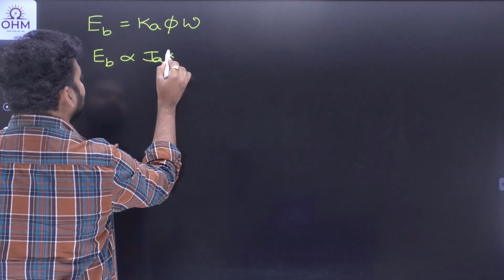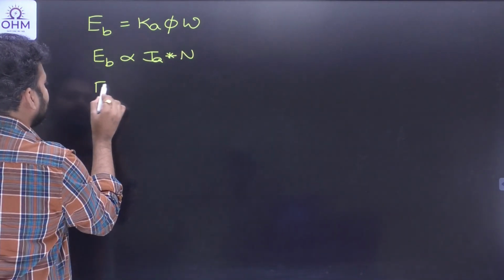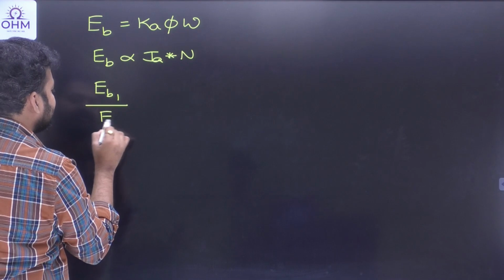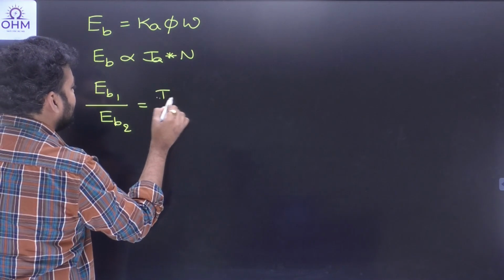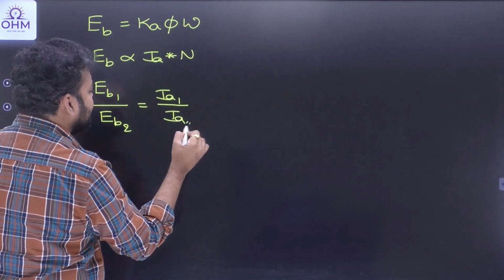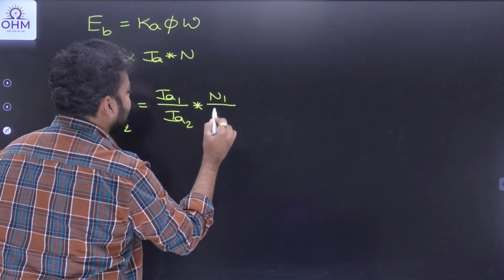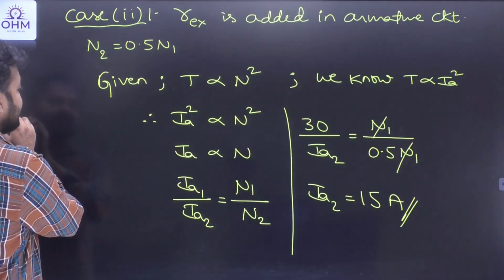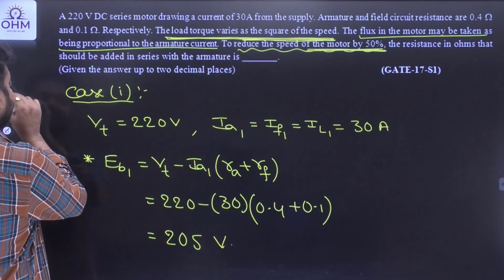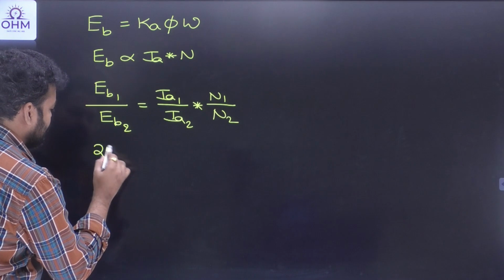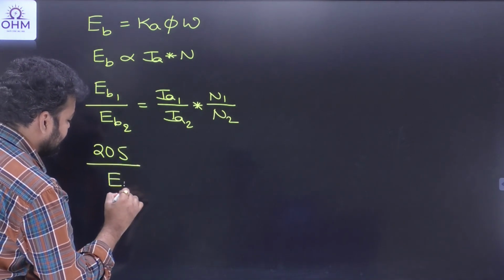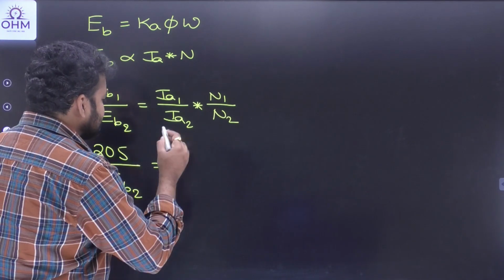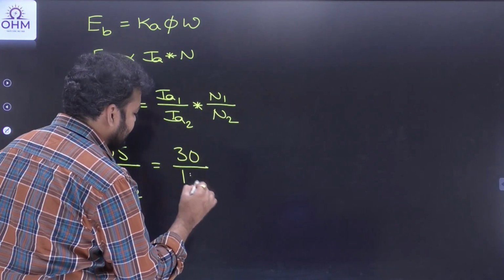So back EMF is proportional to armature current into speed. Therefore, Eb1 divided by Eb2 is equal to Ia1 divided by Ia2 into N1 divided by N2. What is the back EMF in the first case? We already have 205, right? So 205 divided by Eb2 is equal to, armature current in the first case 30, second case 15.